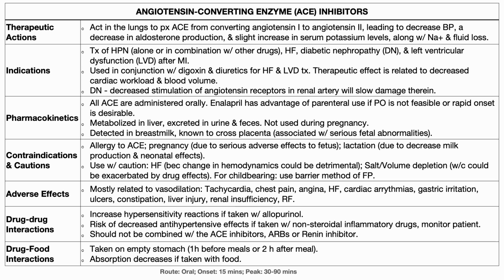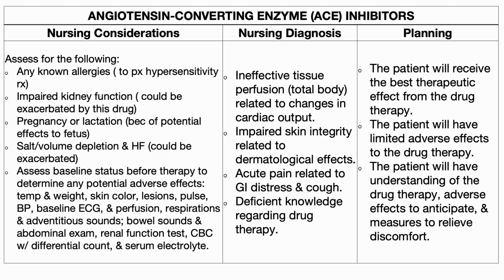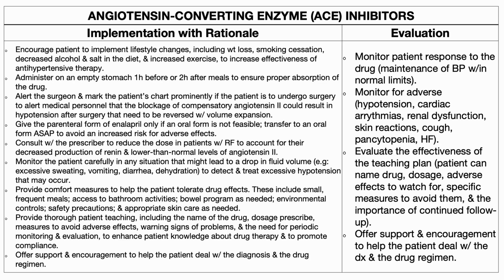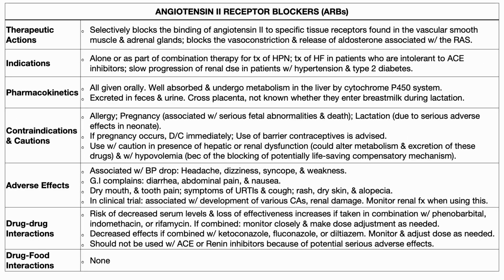So another drug class we have for hypertension are the angiotensin converting enzyme inhibitors. So I will leave it up to you to look closer when you get your PLP.